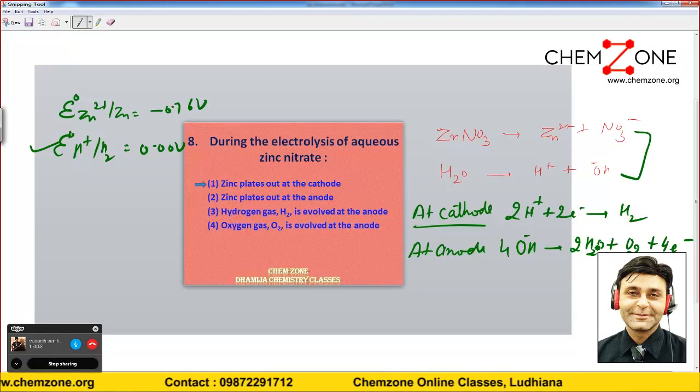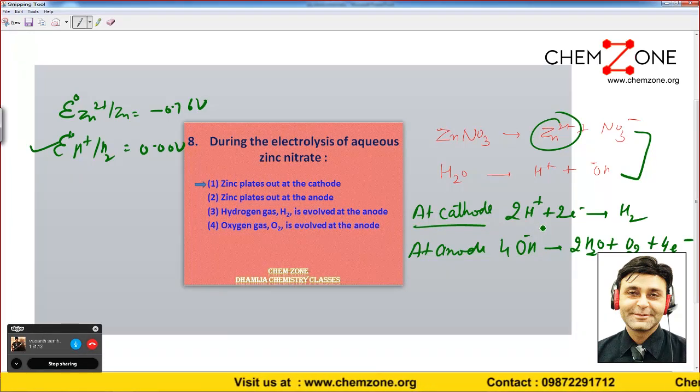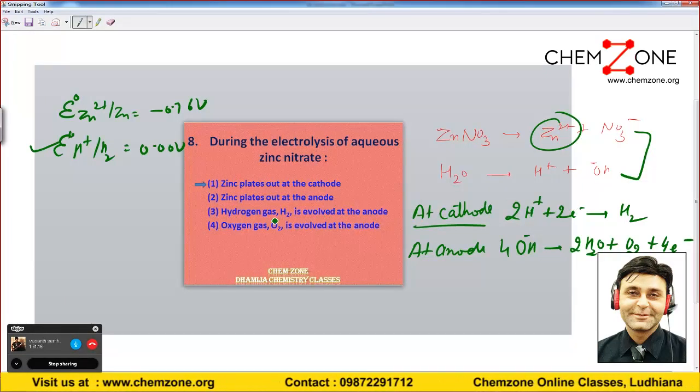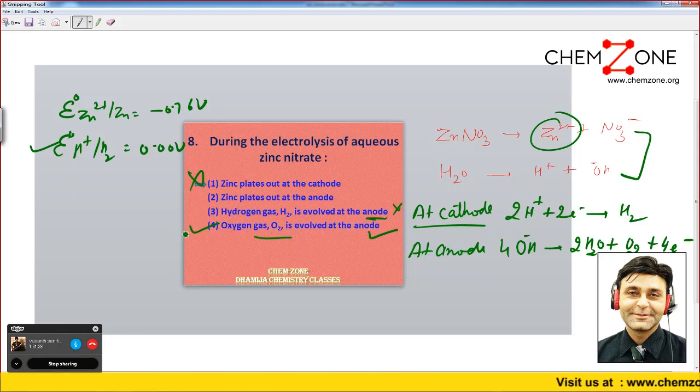Right? It means zinc will remain in the solution only. So the first option is the correct answer. Hydrogen gas evolved at anode is wrong, that is the cathode. Oxygen is evolved at anode, yes, D is the correct answer. So oxygen gas is evolved at anode, right?